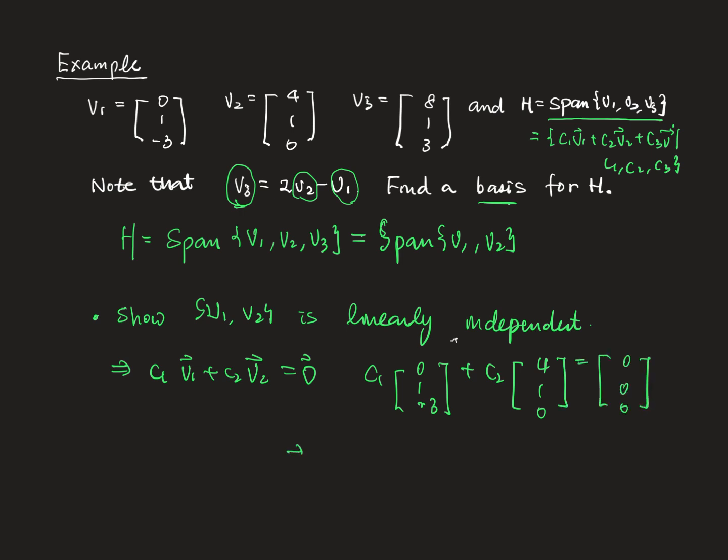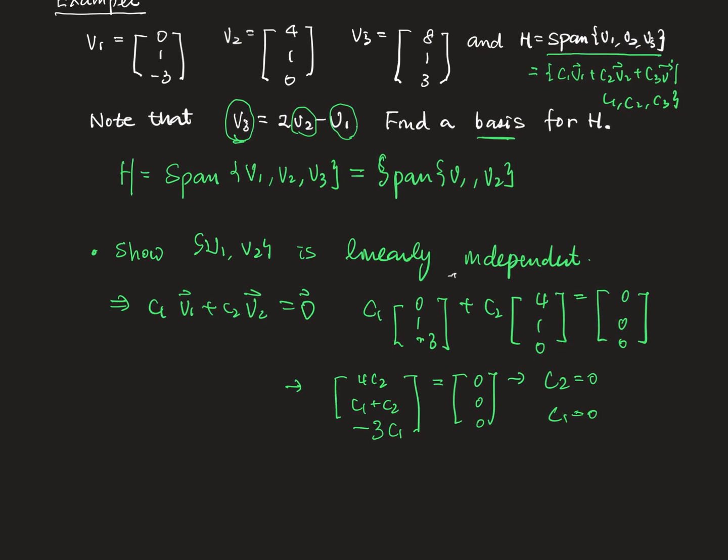Looking at this, the first entry is C1 times 0 plus C2 times 4, so 4C2. Second is C1 plus C2. Third is negative C1. These equal 0, 0, 0. You can clearly see C2 is 0 and C1 is 0, which means it's the trivial solution.